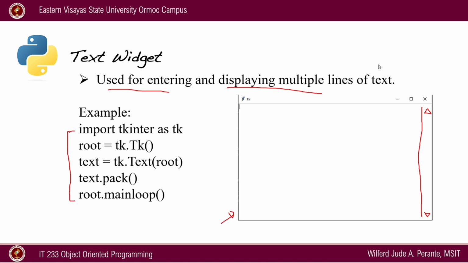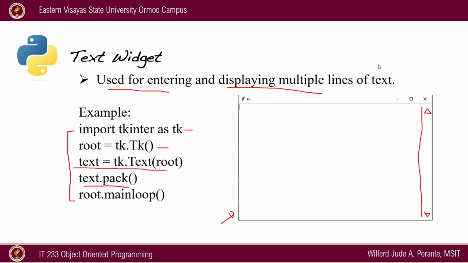And let's discuss our code using the text widget. Again, we are importing our Tkinter library, and we create our main window. This code states that we are using our text widget in our main window, and it accepts multiple lines of input.